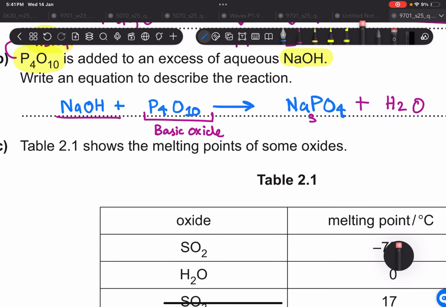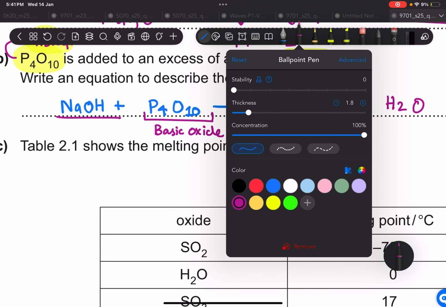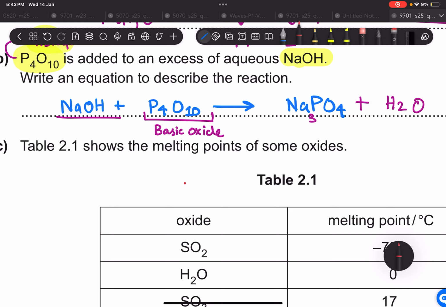Balancing always takes me 2-3 minutes, so I'm going to chill and use my 2 minutes. 4 here. Now I have 12 NaOH, so 12 here. Now my hydrogens are 12, so a 6 here. Am I balanced? Yeah, I'm balanced.